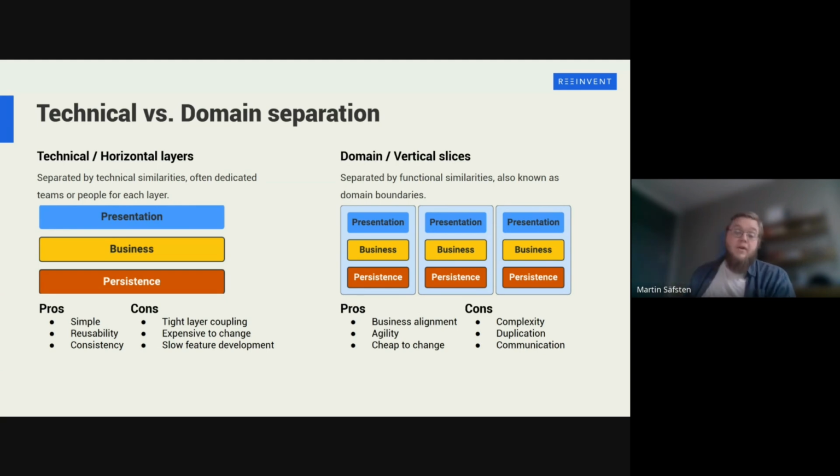So the other way of structuring systems is by separating them by domain, or vertical slices. Domain, as a concept, is code that is somehow related to each other.